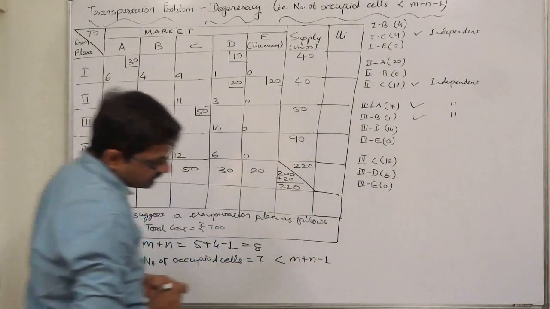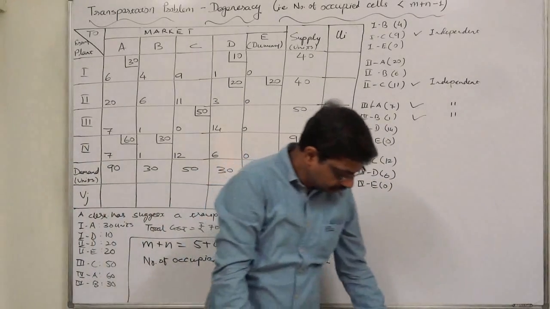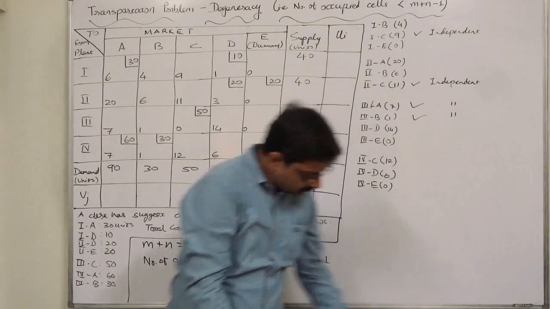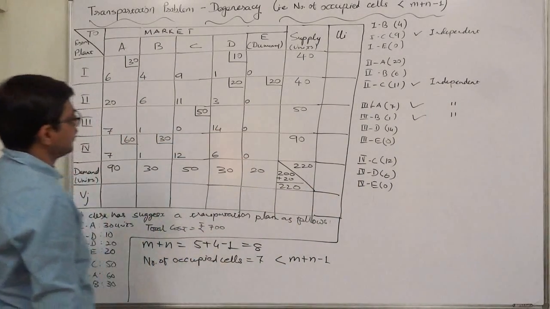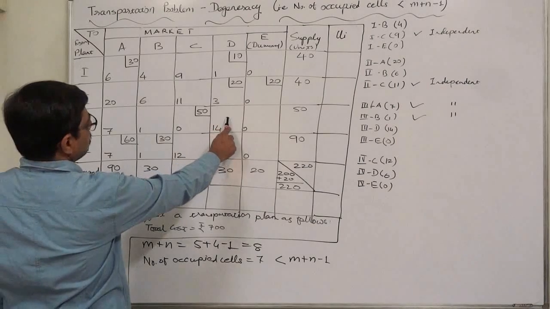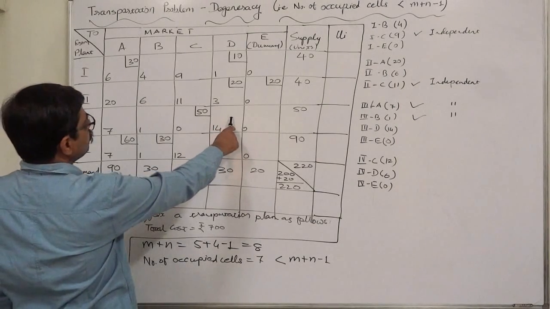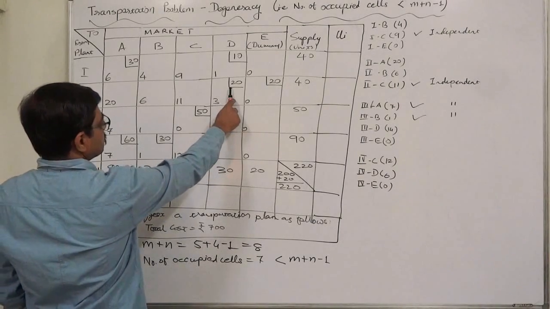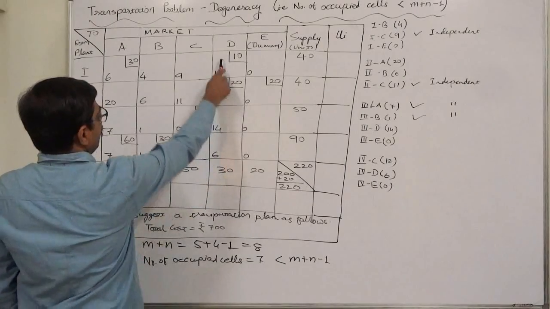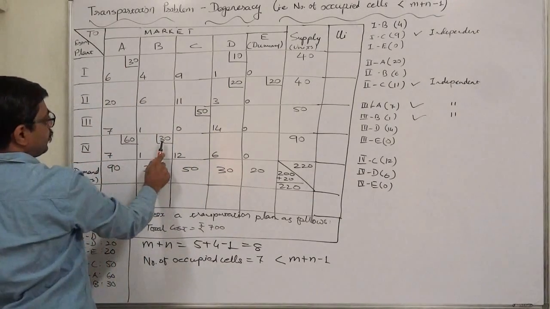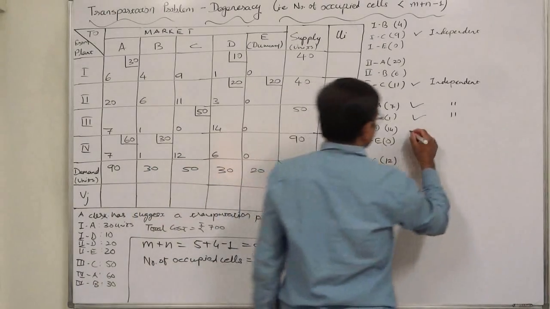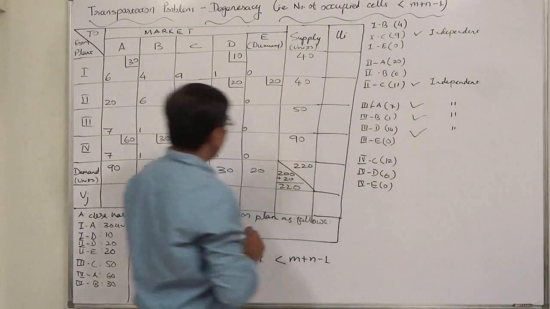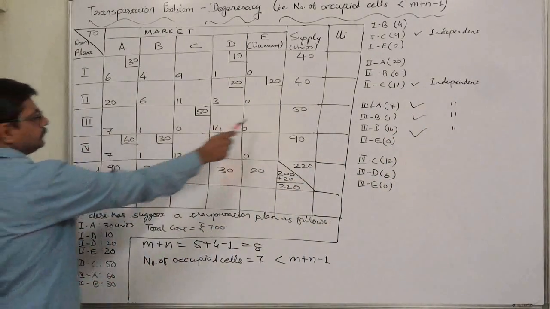What about 3C? 3C is occupied. What about 3D? Let's check. Is it possible to draw? 1, 2, no. 1, 2, 3, 4, no. We cannot reach here again. So it is also independent. What about 3E?